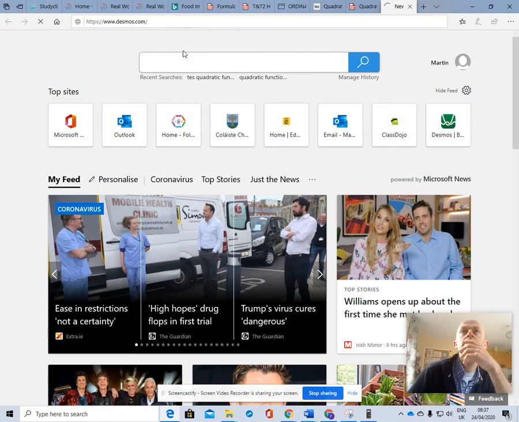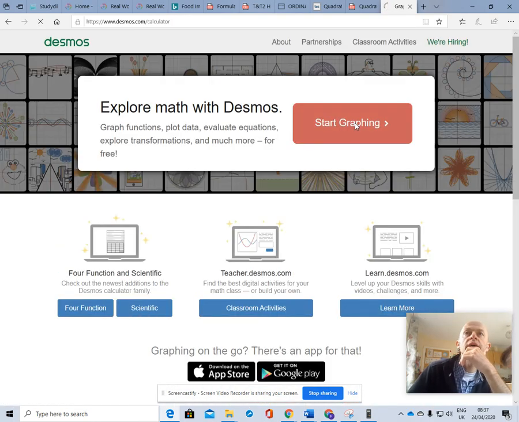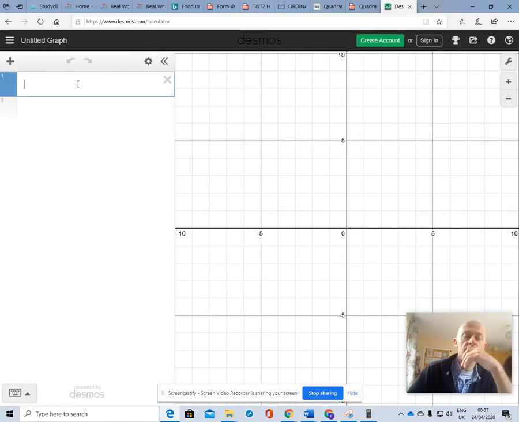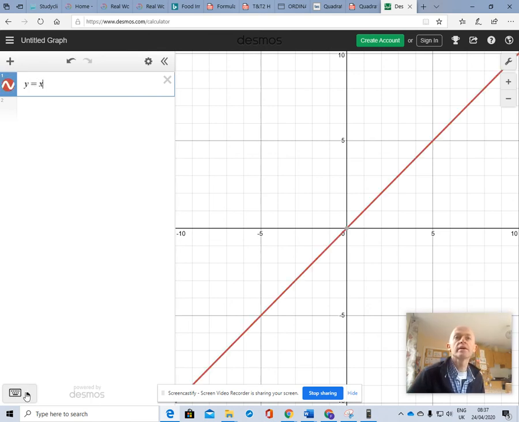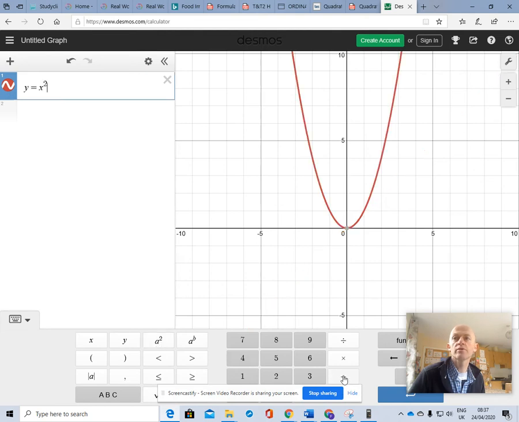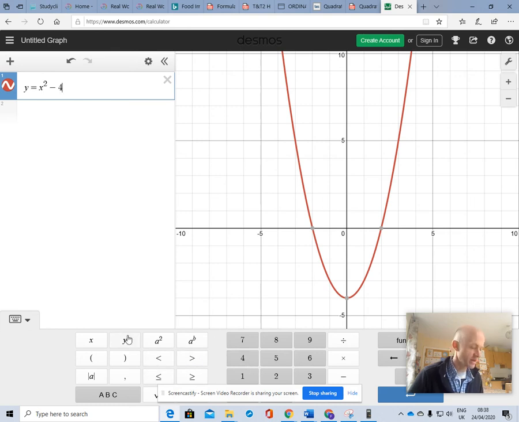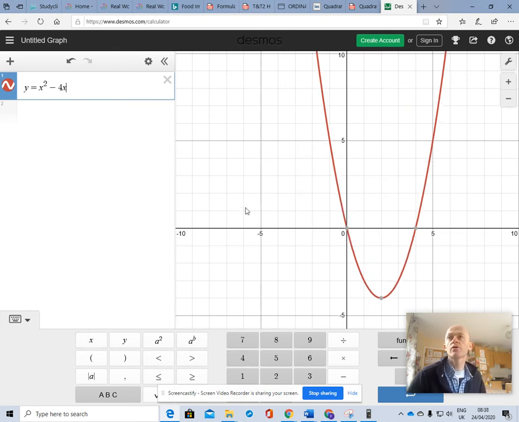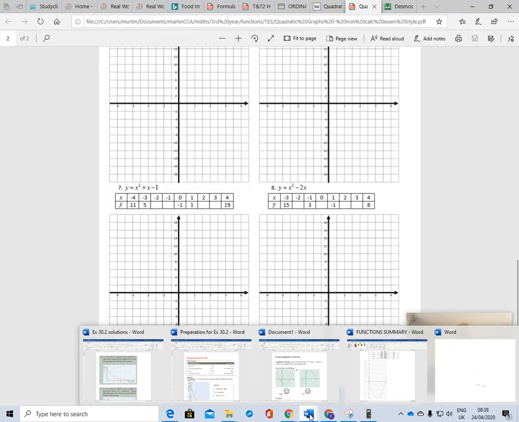You go in here, start graphing, and just type it in: y equals x squared minus 4x. And it draws it for you there, just to check your answers. So go to desmos.com. You can check if your answers are correct.